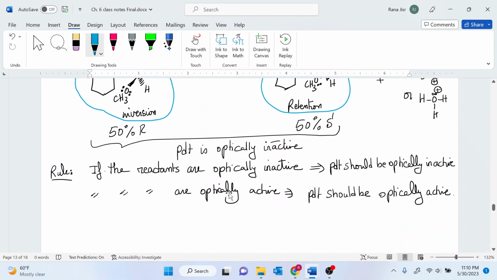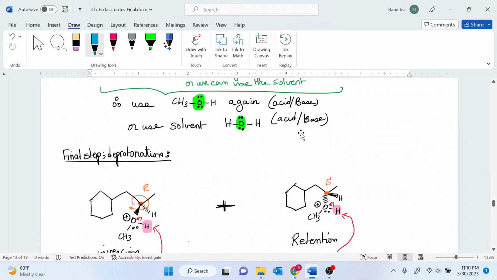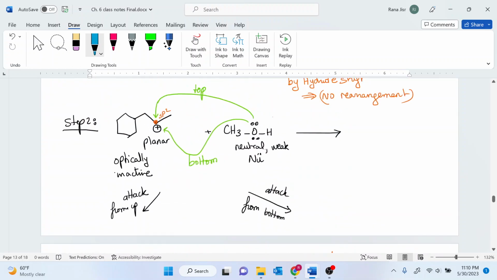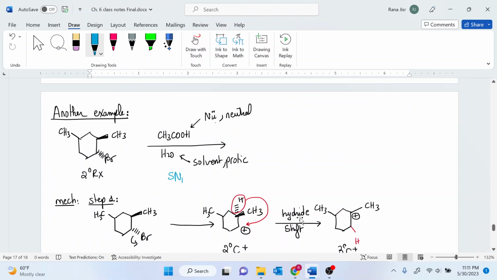If your reactants are optically active, then your product should be optically active. But your product in SN1 cannot be optically active because you are always going to derive your products from the second step. And the second step involves the formation of the carbocation. And carbocation is not a chiral center to start with.